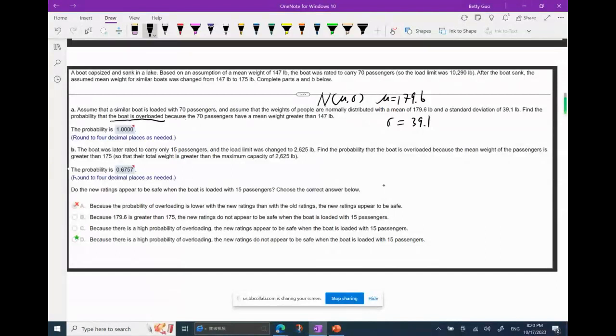If the 70 passengers have a mean weight greater than 147, we are looking for the probability of X bar. How do we know that? Because it says so. Central limit theorem, right?